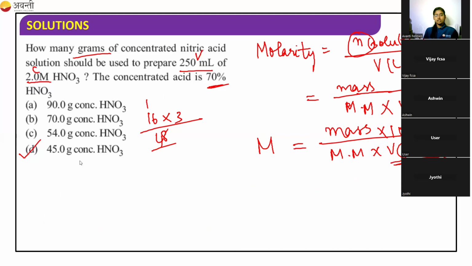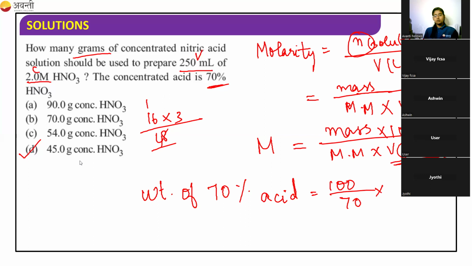And if you go for the weight or the mass of 70 percentage acid, it will be equal to 100 divided by 70 into 63 divided by 2. Okay, 70%, we have to go the other way around. So if you do so, you will get 5 into 63 divided by 7.